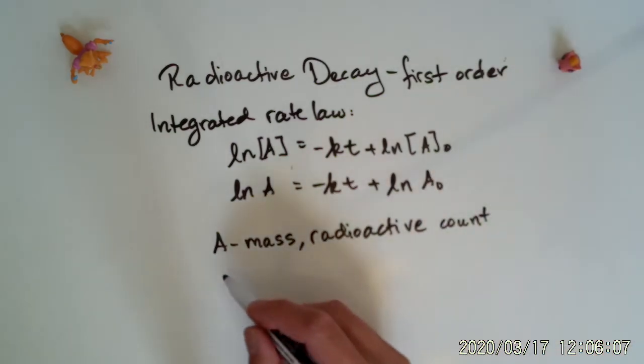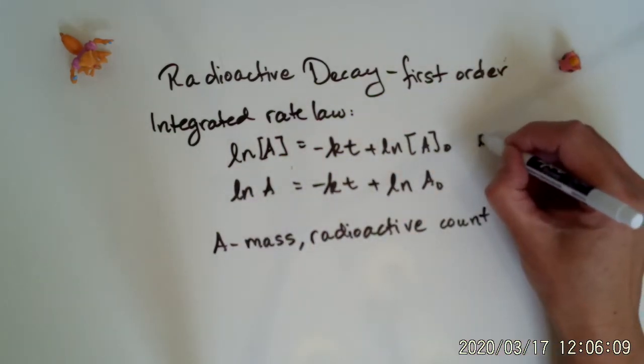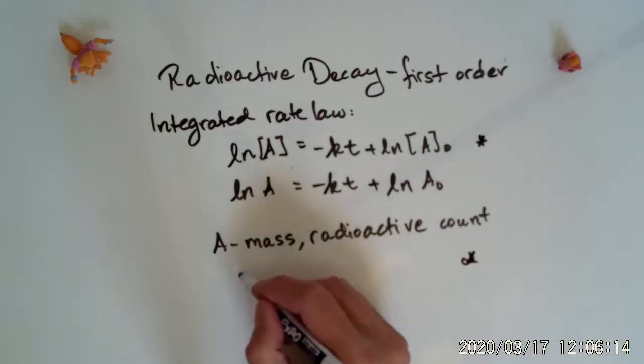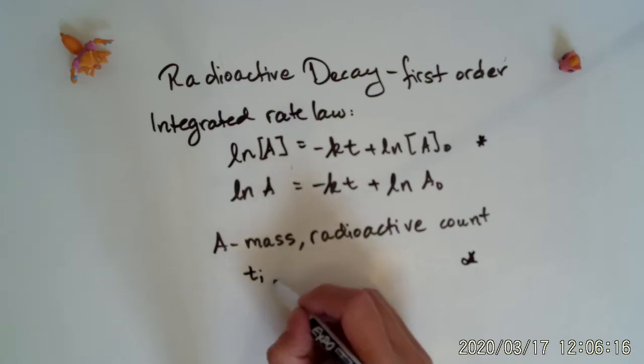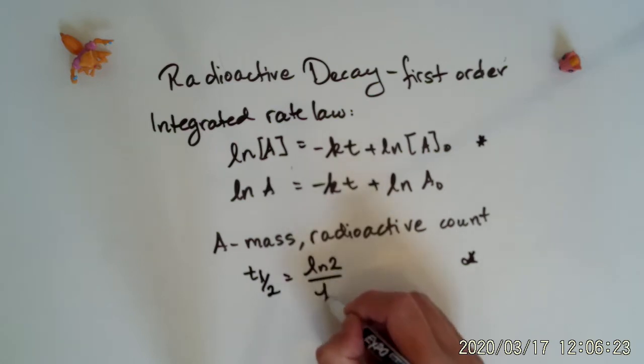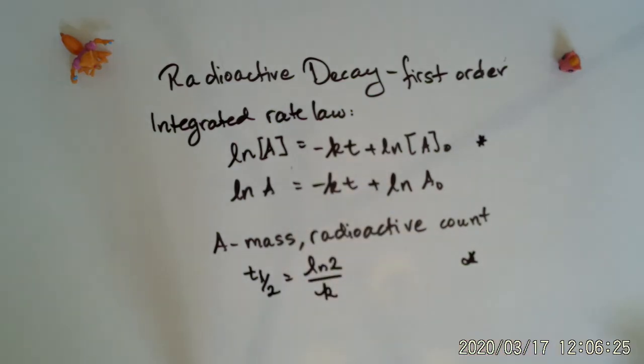The other aspect is this. Not only do we have our integrated rate law, but we also have our half-life. And the half-life, remember, is equal to the natural log of 2 divided by the rate of decay.